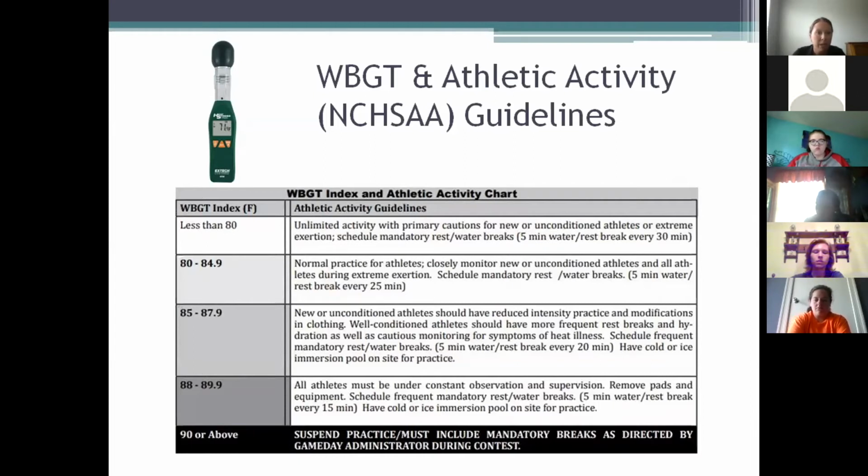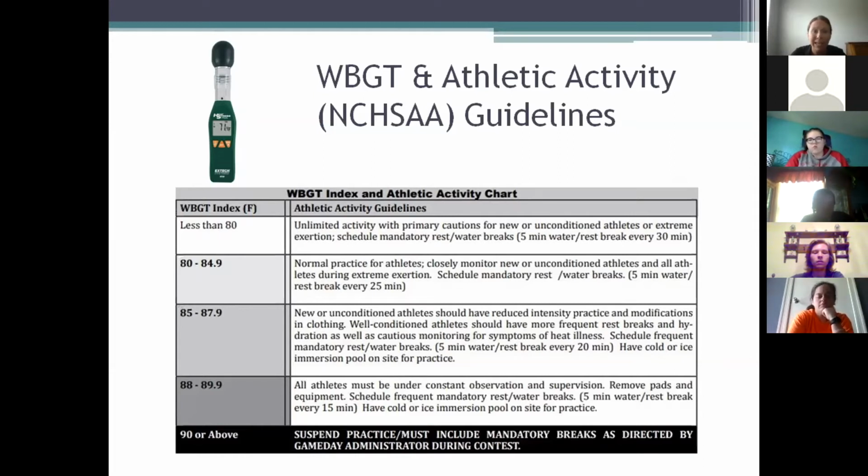This instrument is able to detect the relative humidity and air temperature. And these are the activity guidelines for athletics, for traditional sports. Keep in mind that these are for sports, but you should take into consideration what they're telling you about how often rest breaks should occur and how long they should be.